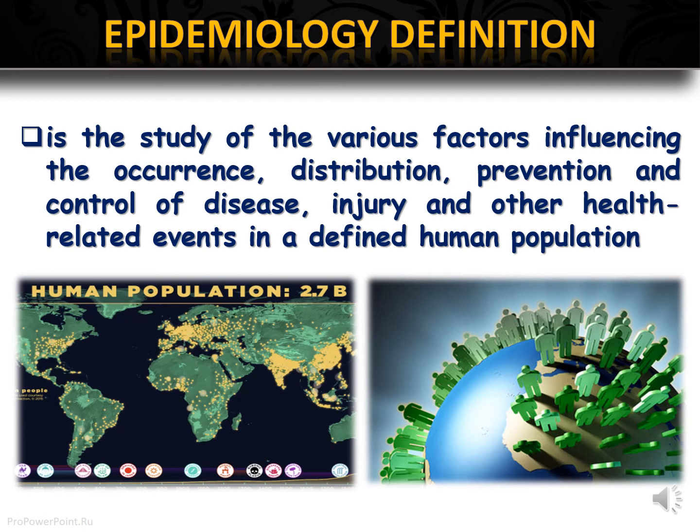Epidemiology is the study of the various factors influencing the occurrence, distribution, prevention, and control of disease, which we analyze in human populations, of course. So epidemiology works with a large human population.